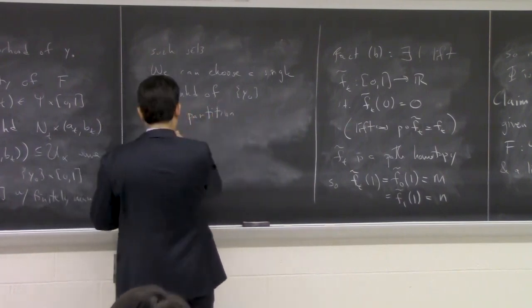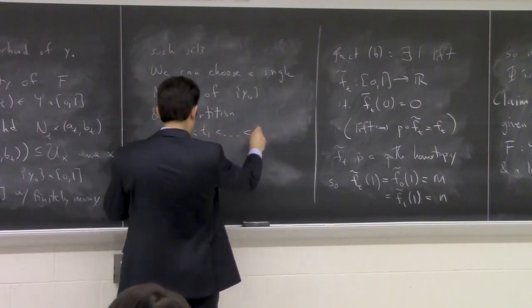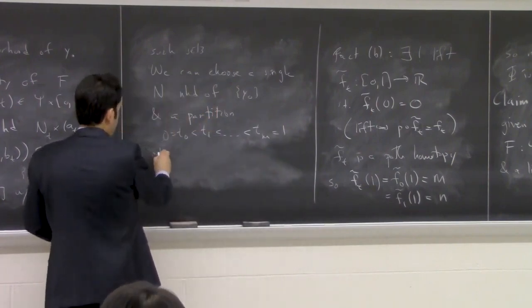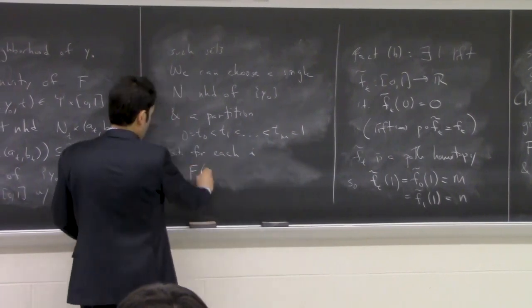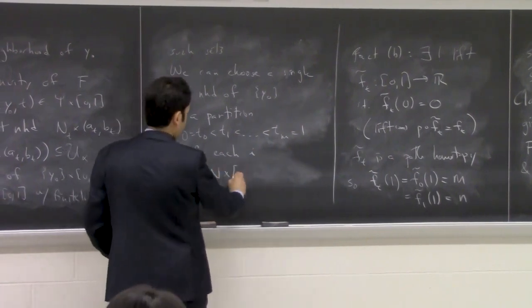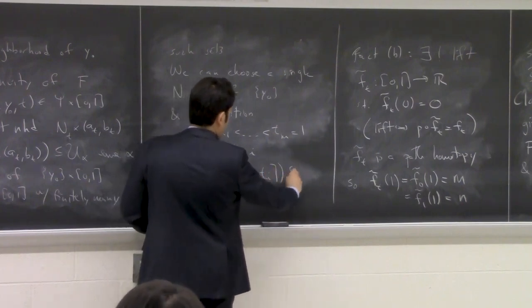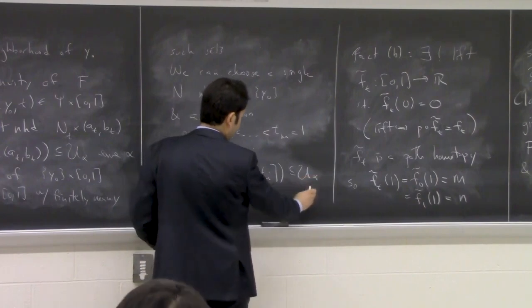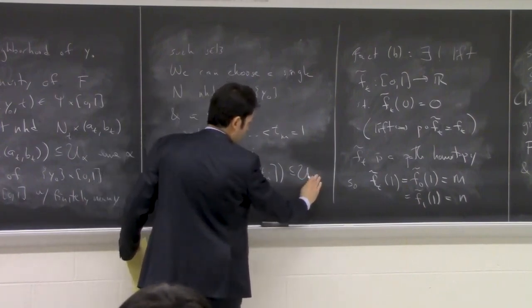And then a partition of the interval such that for each i, f of N cross [t_{i-1}, t_i] sits inside some U alpha, which we will denote U sub i.